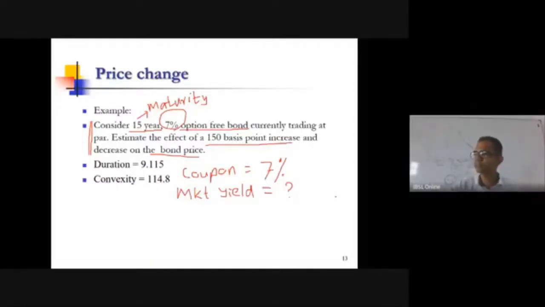Is it given? It's not explicitly given, but it's implicitly given. Why?